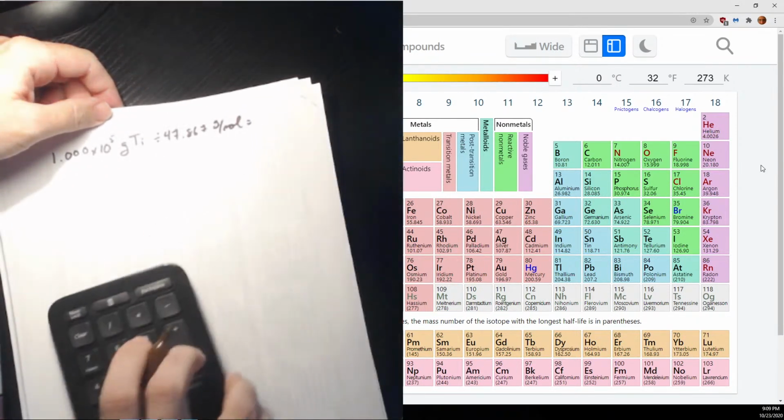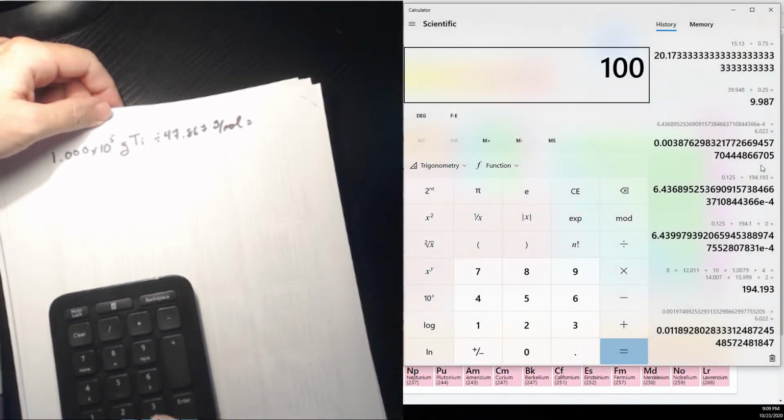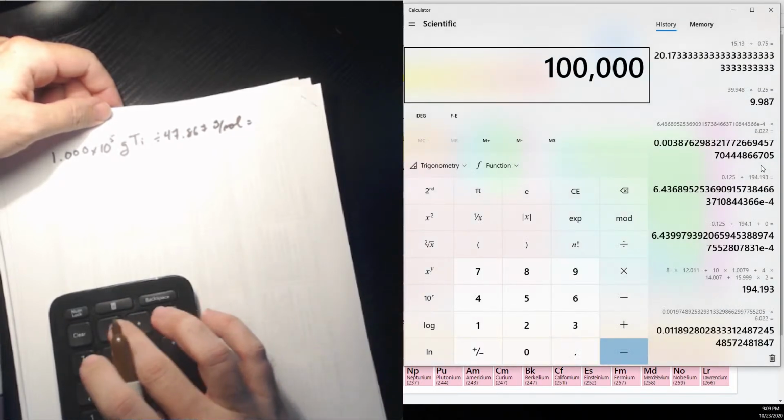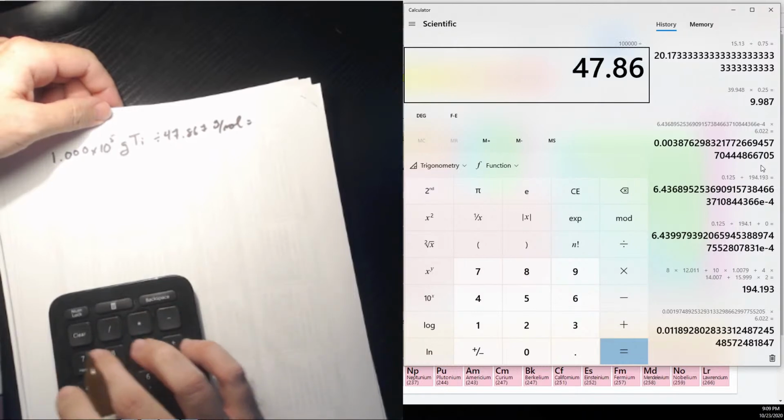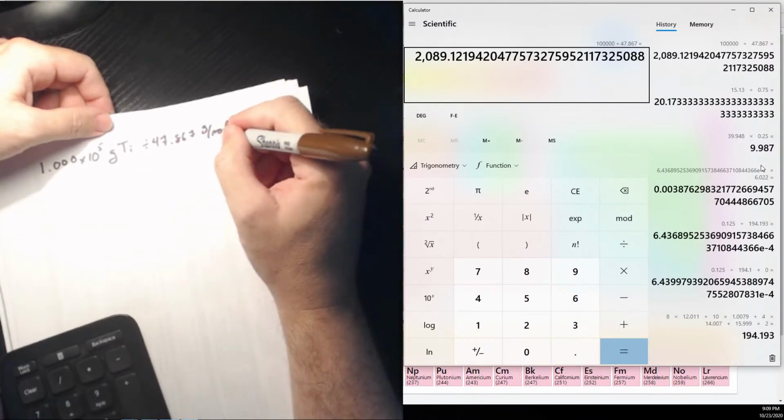So 100 kilograms of titanium is how many moles of titanium? It's going to be a lot. 2,089. Nice.